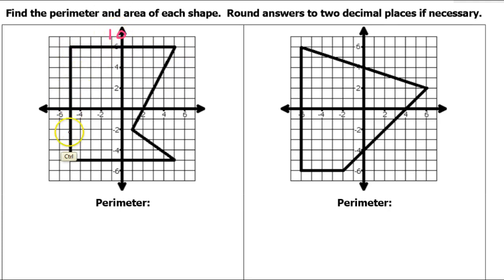Here I've got 6 and 5, so that's 11. Down here I have 5 and 5, so that again is 10. So I have those three lengths. The only lengths I have to actually calculate are these two diagonal lengths.